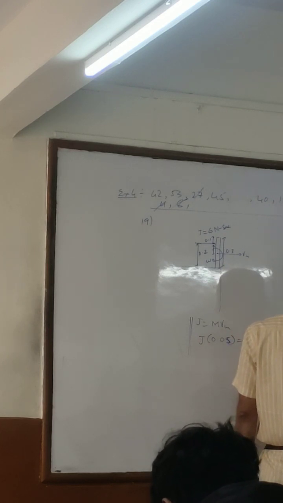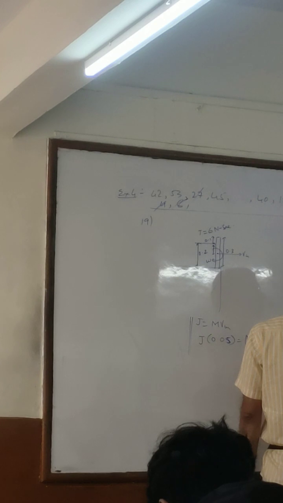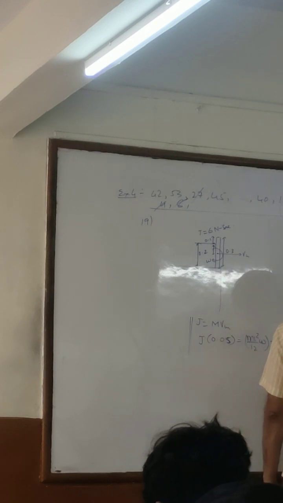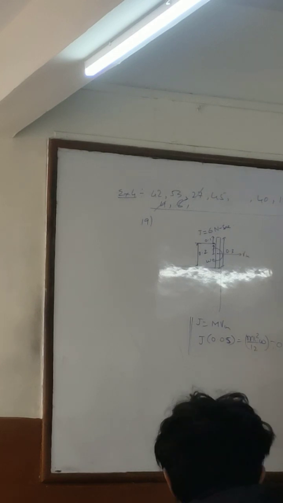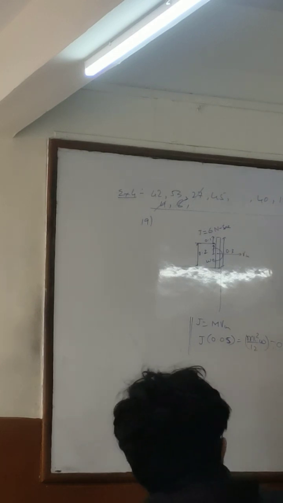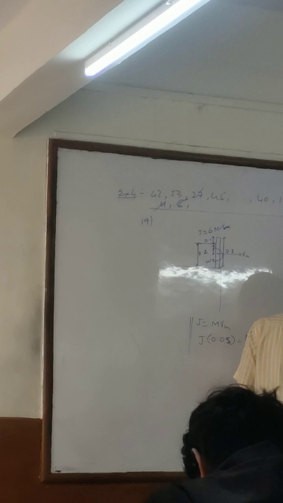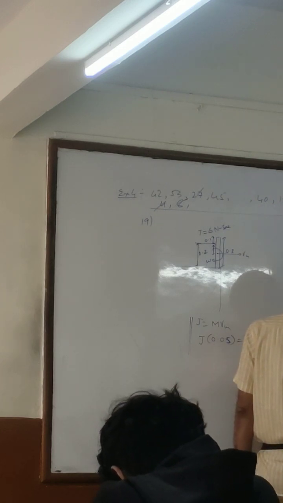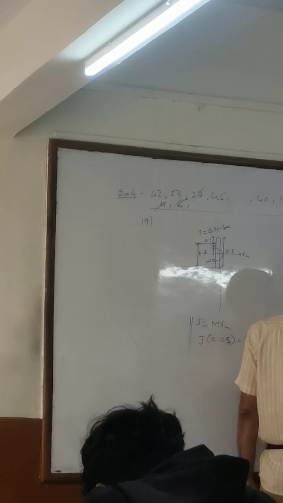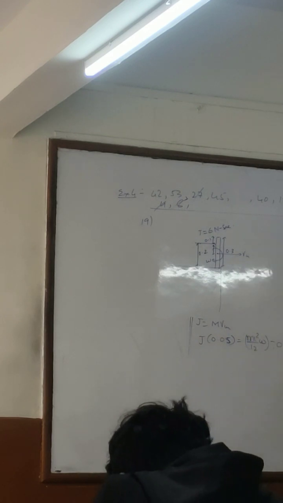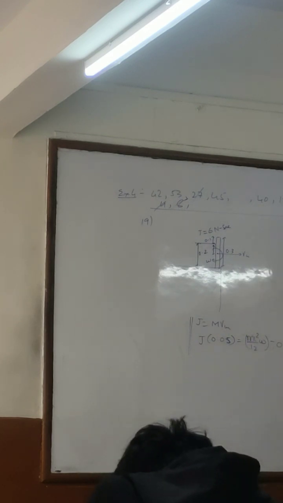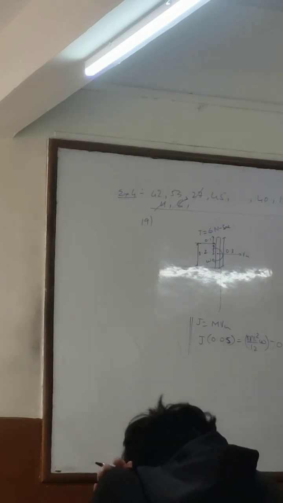This distance is 4r by 3. So mgr minus 4r by 3, because this will be r minus 4r by 3. Loss in potential energy is equal to gain in kinetic energy. I about O into omega square. I about O is mr square.